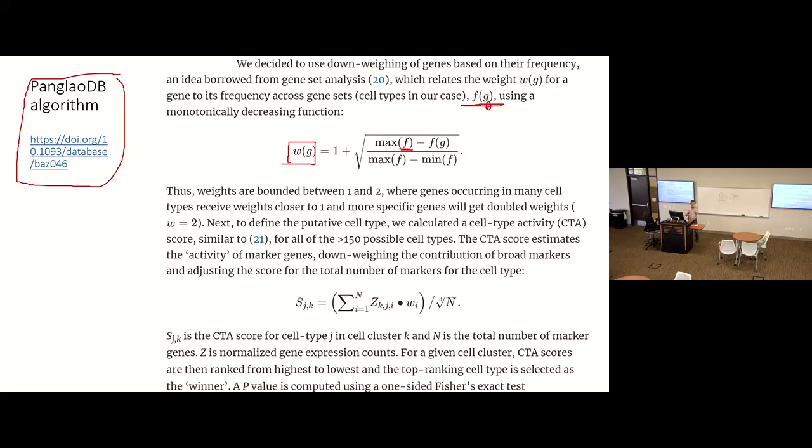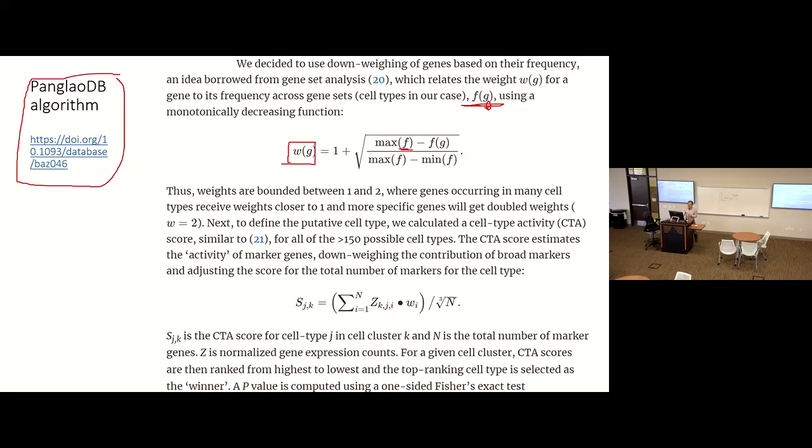If a gene is very specific, like CD8A, it only appears in CD8 T cells. It's very unique. The weight of that gene will be higher compared to other genes which appear in multiple different cell types.